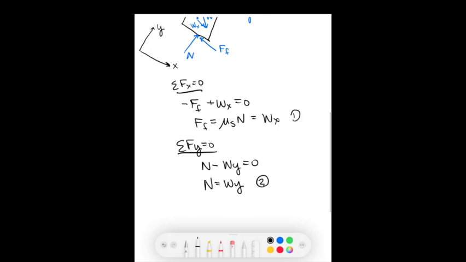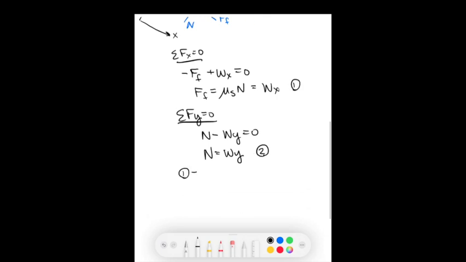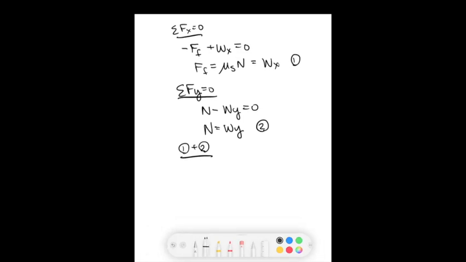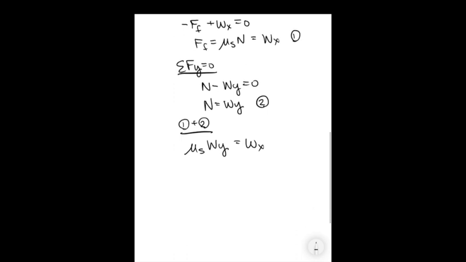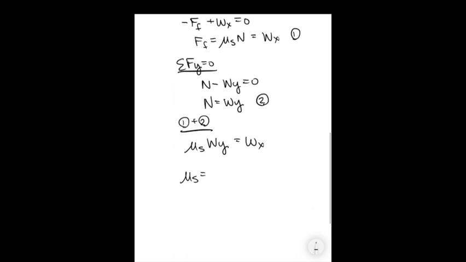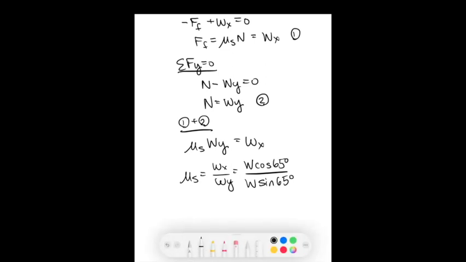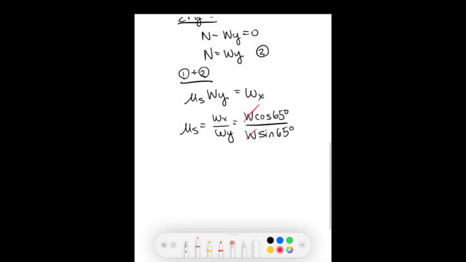So I can bring these two equations together. When I do that, I see that mu s times Wy is equal to Wx. Solving for mu s, and what's nice here is that it's regardless of the weight, so we don't even have to know what the weight of the vending machine is.